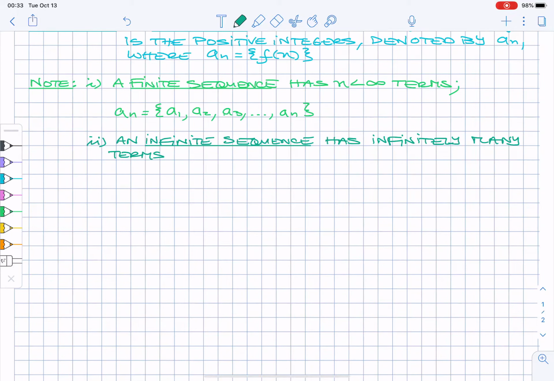So that's going to be given by a sub n is equal to a sub 1, the first term, a sub 2, the second term, a sub 3, the third term, and then just dots to indicate it goes on forever.